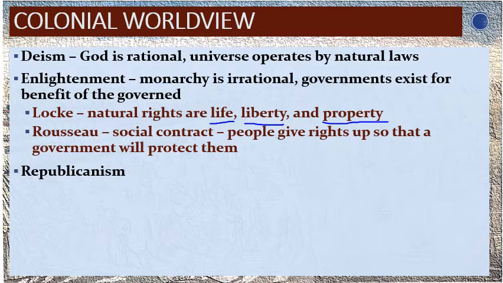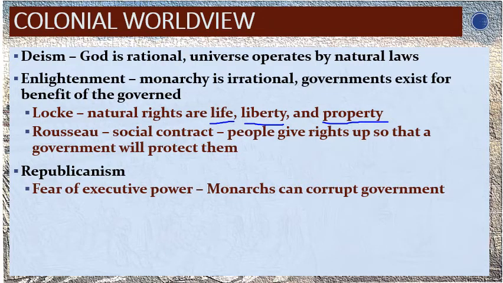And then there's a whole cluster of ideas that come out of what's called republicanism. Republicanism is the belief that a government can be easily corrupted by a monarch. Executive power, monarchs, presidents, the head honcho can corrupt governments very easily by buying influence, buying friends, buying his way into people's lives so that they owe him and they'll do anything he wants because he's essentially bought them.